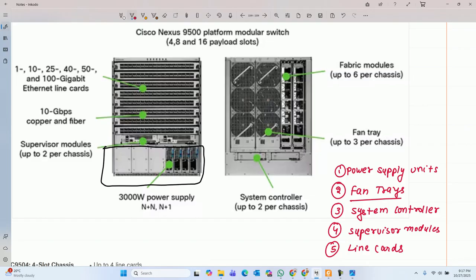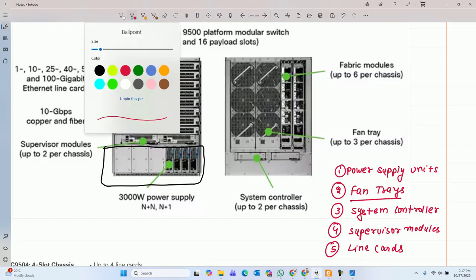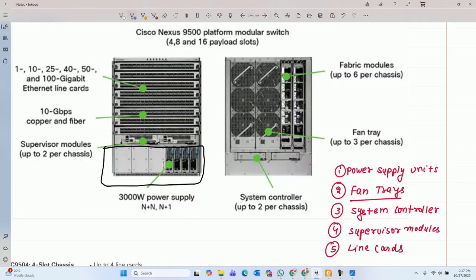Then in case of this chassis, guys, when you use these fans, there are two types of airflow: front to back or back to front.